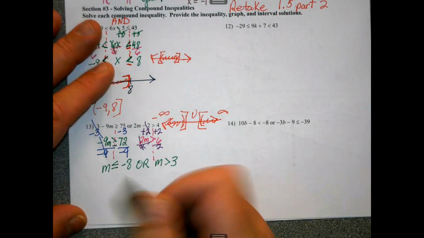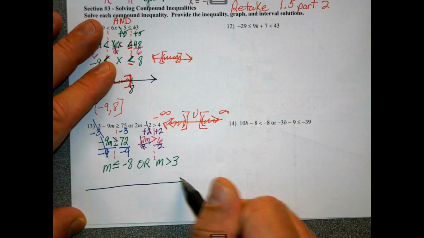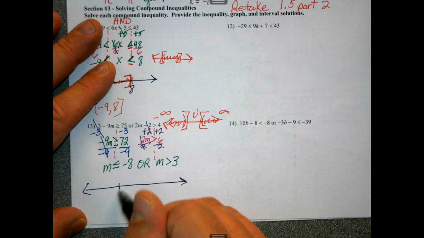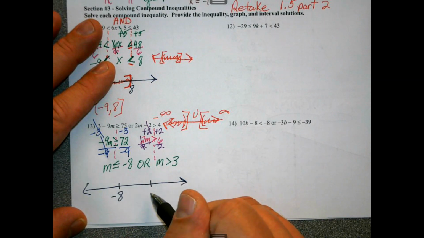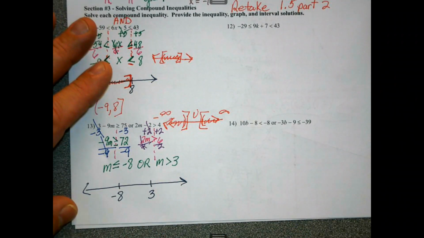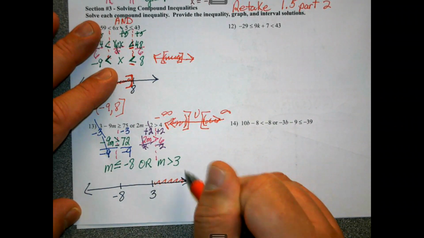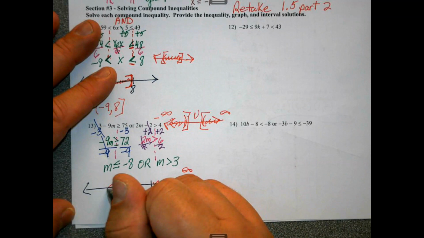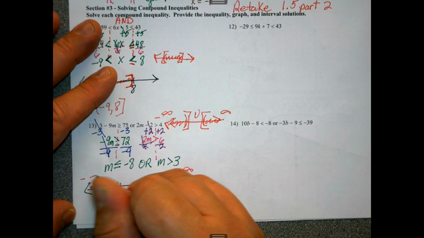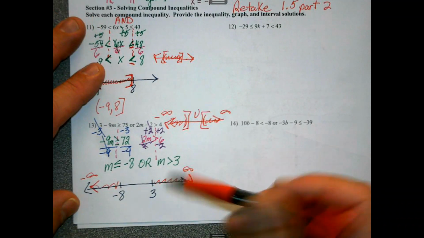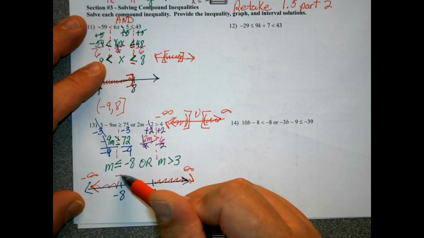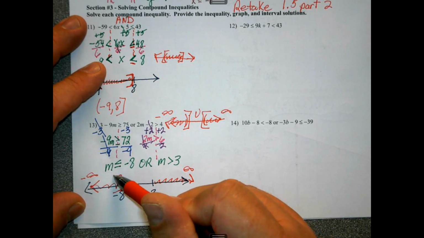Draw my number line. Smaller one is negative 8. Larger one is 3. They're going to go out to their respective infinities. And this one gets a bracket because it's got an equal sign.